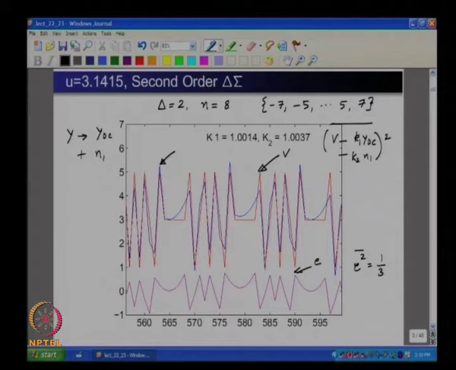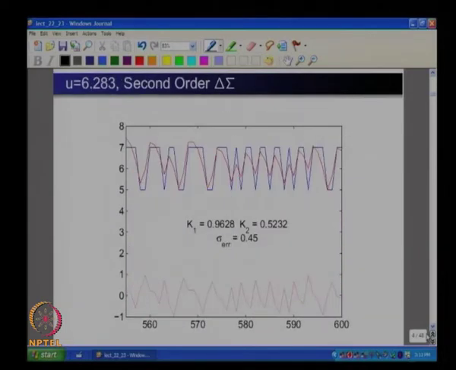Then what do I do? I will increase the input amplitude, or rather the DC value, such that for the same modulator I have doubled the input. Please recall that the maximum level is plus 7, right. So the input is 6.28 in this case, and on top of it there is some shaped quantization noise riding over this DC input, which now means that the quantizer will saturate, and it seems like that is happening quite often, as you can see in this picture.